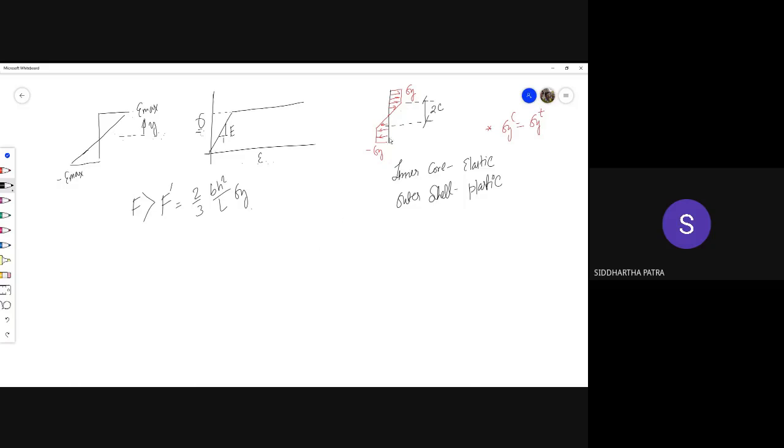Now, how do you get the stress distribution as a function of y? I mean, how does that relate to bending moment? Bending moment, of course, relates to F through this relation.